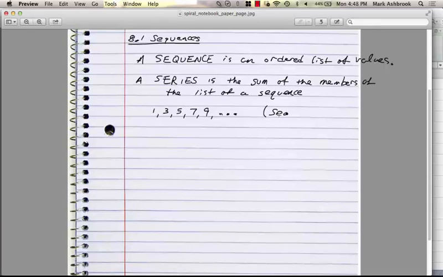So then what would be the associated series? 1 plus 3 plus 5 plus 7. Okay? So that's the associated series with this sequence.